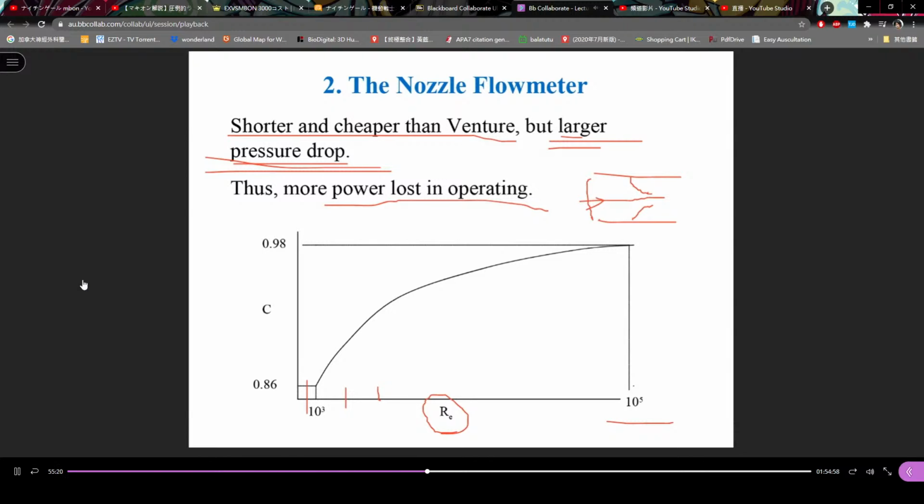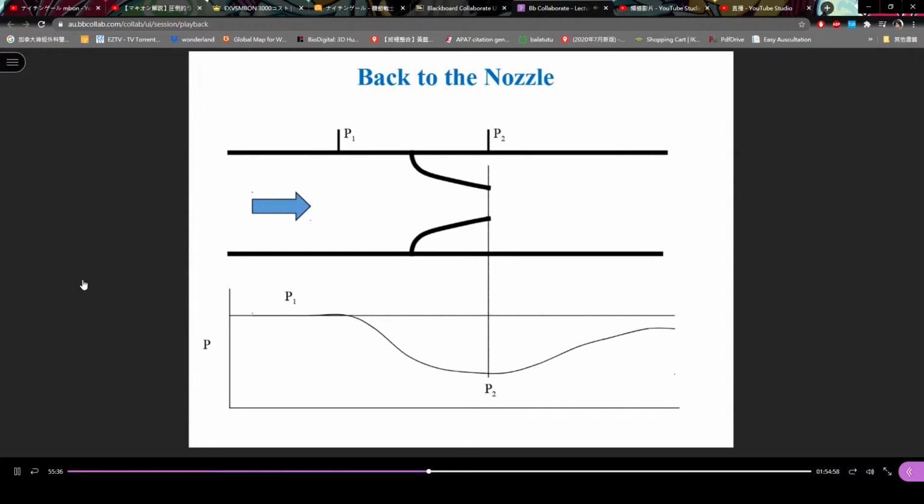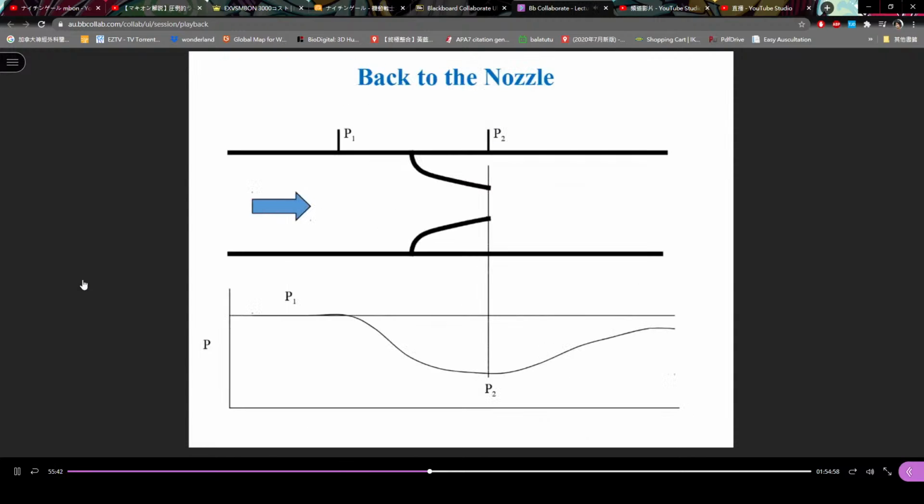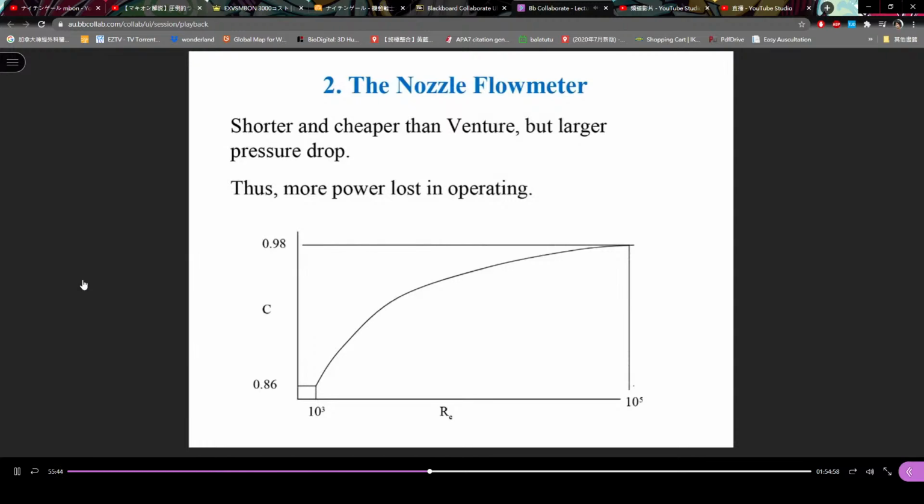And you can see the discharge coefficient approaches 0.98 when the Reynolds number is 100,000. So that's why the pressure may not be recovered. So that's why you must consider friction loss.